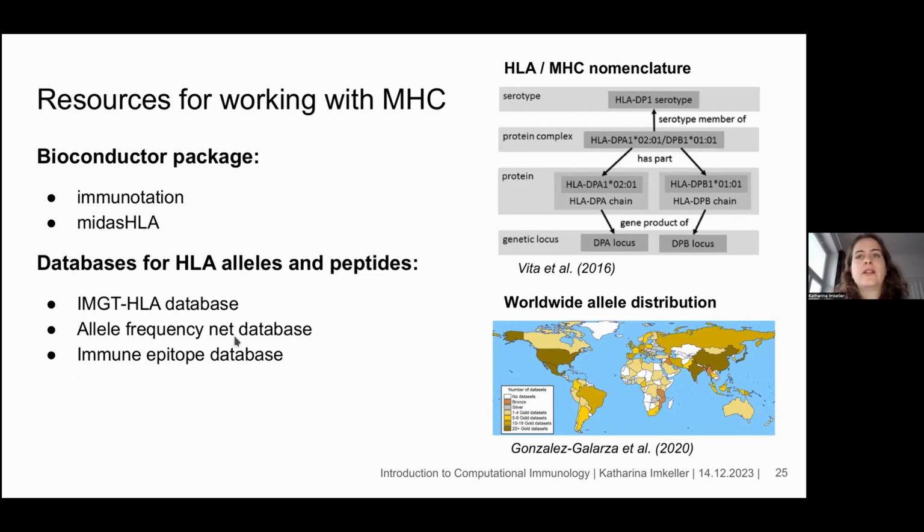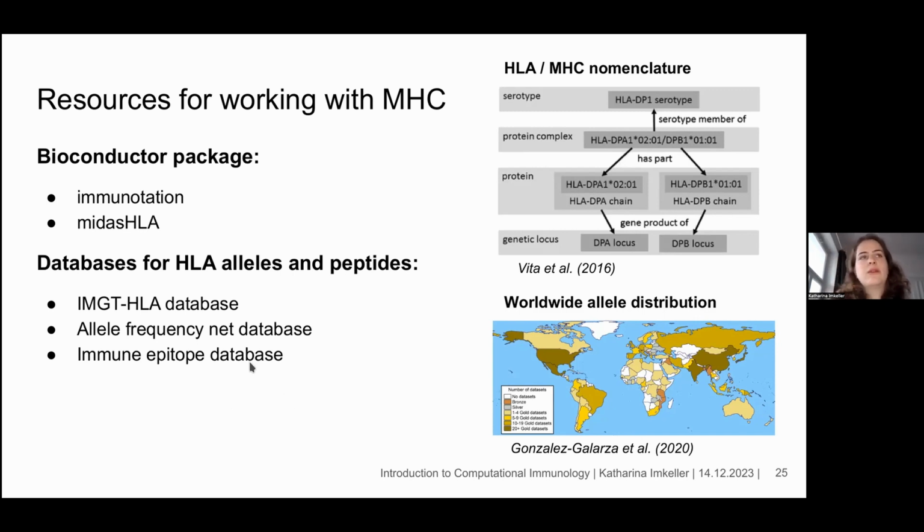The Allele Frequency Net database contains the distribution of those alleles and their frequency in human worldwide populations. And the third one is a database that also contains data on interactions of MHC molecules and peptides.